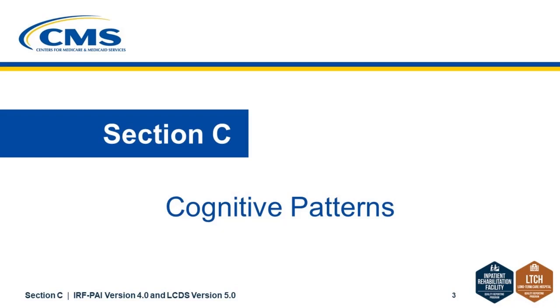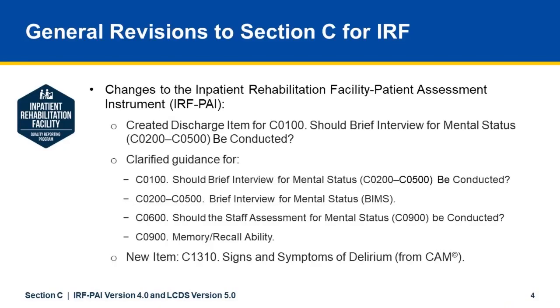So we'll start with an overview of the items in Section C for both IRF-PAI and the LCDS. Now for IRF, there are some general revisions to Section C and a new item. These include a new discharge item for C0100, should brief interview for mental status C0200 to C0500 be conducted. This was created specifically as a new discharge item for the IRF.